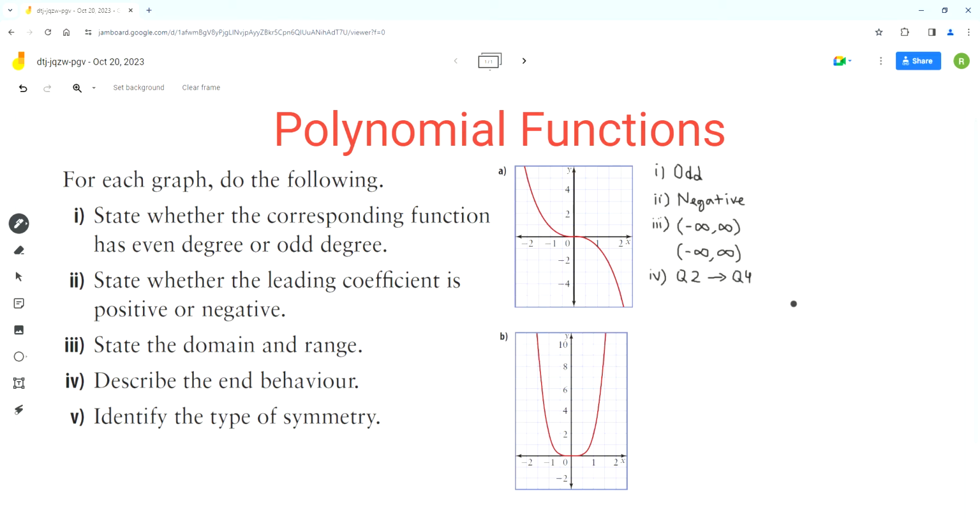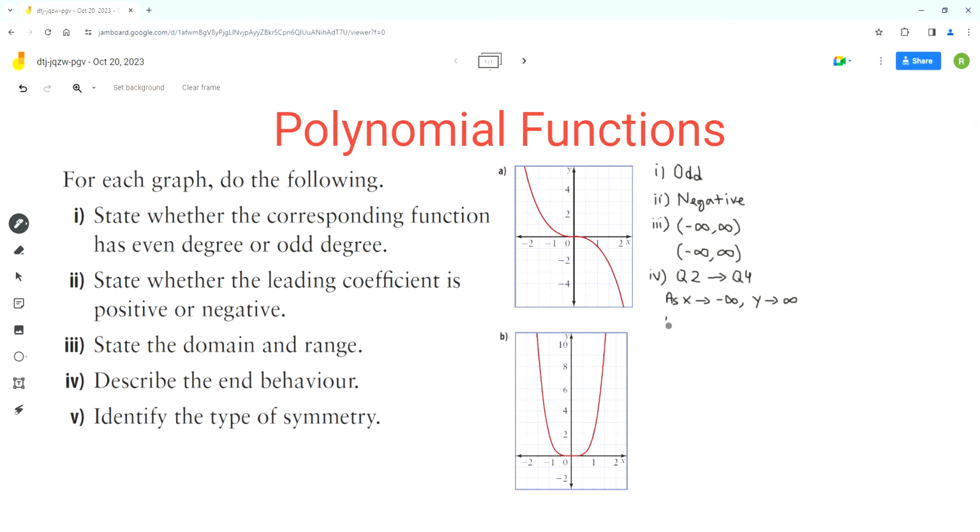End behavior can also be described in terms of infinity notation. For that, we have to analyze the end behavior on both the extreme left and the extreme right. On the extreme left, as we go to the left side, the graph keeps going up. So as x approaches negative infinity, y approaches positive infinity, because the graph keeps going up on the left side.